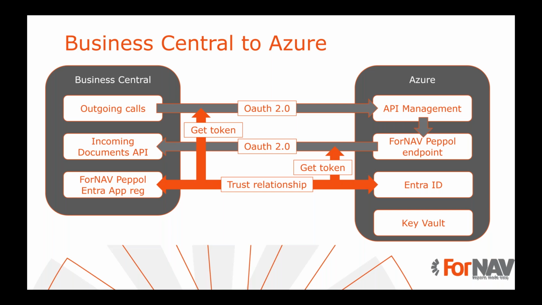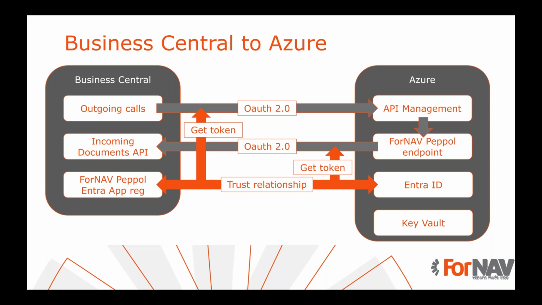If we look at our Business Central to Azure and Azure to Business Central communication, we use OAuth 2.0 to secure that communication. And the first thing we need to do to use OAuth 2.0 is establish a trust relationship. So Business Central needs to trust the 4NAV Peppol Azure bits, and Azure needs to trust the Business Central tenant that is trying to communicate with it.